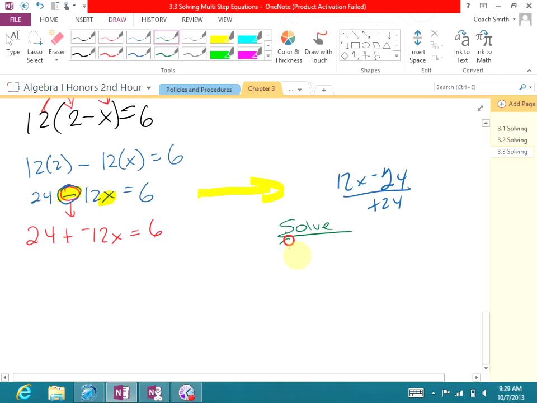I've got to subtract 24 from both sides. So subtract 24, that cancels, subtract 24. So that gives me negative 12x equal, what is 6 minus 24?